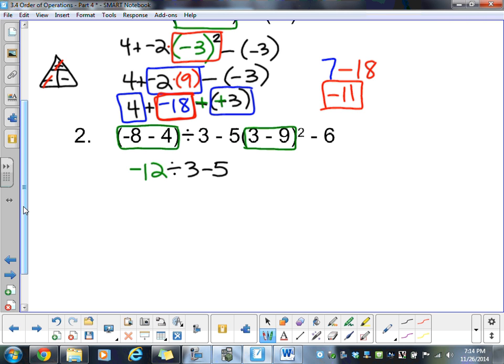Now this minus 5, or negative 5, is multiplied to my answer that's in the parentheses. So I'm going to multiply that negative 5 by my answer to 3 minus 9. 3 good guys, 9 bad guys. We're going to be left with 6 bad guys, or a negative 6. That is still squared with a minus 6 at the end.